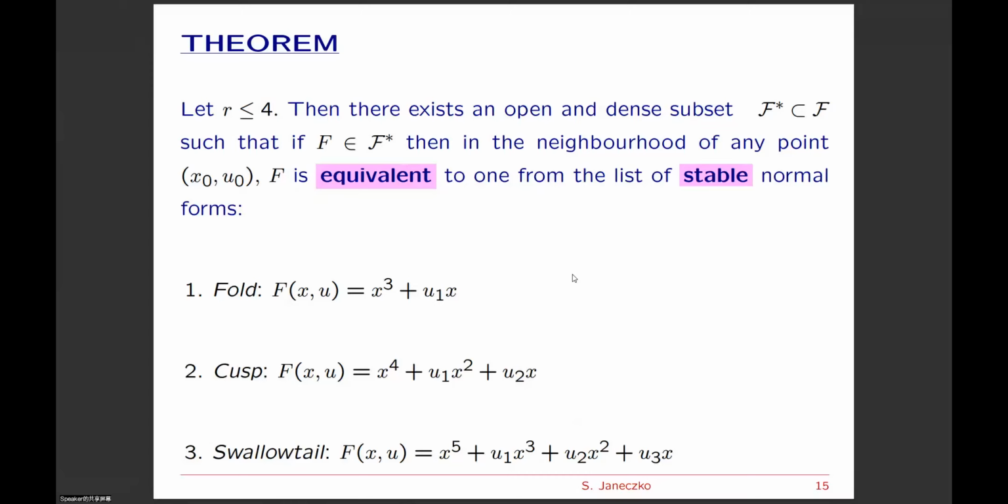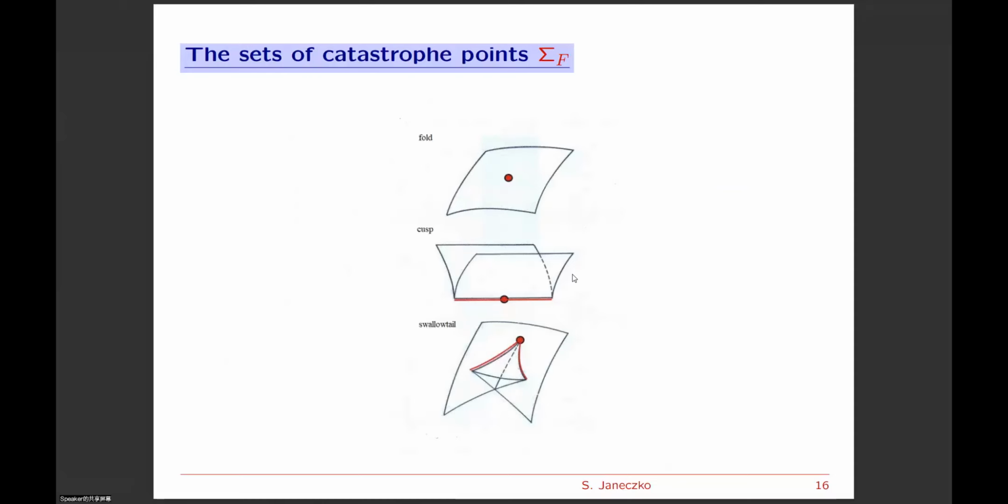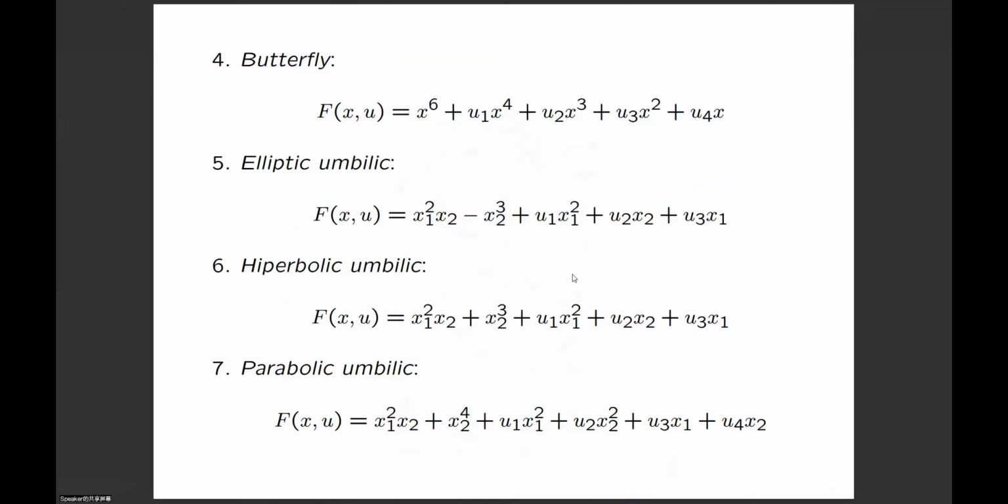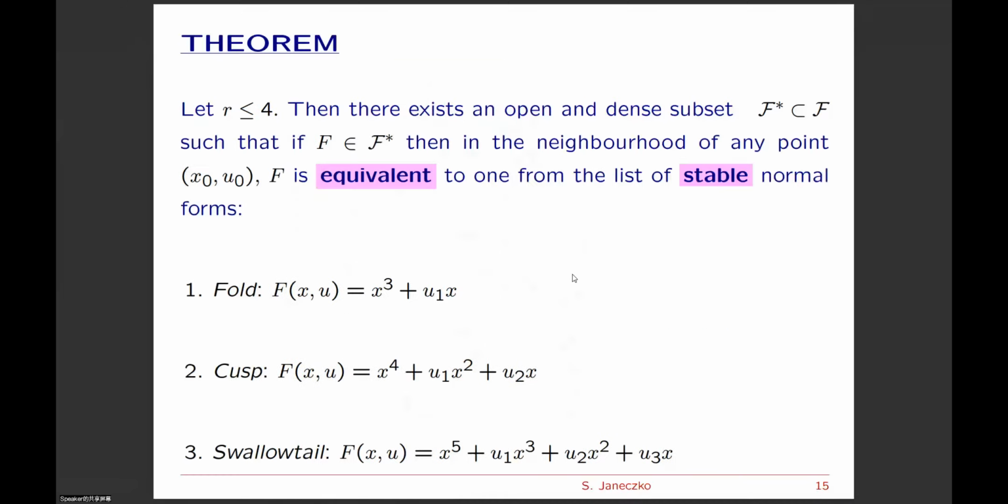They look like that. You see, the set of catastrophe points, sigma f, or singularity set, however you prefer. The first one is the fault.